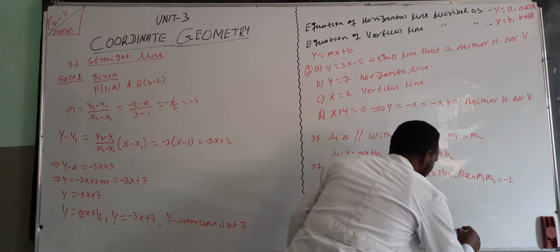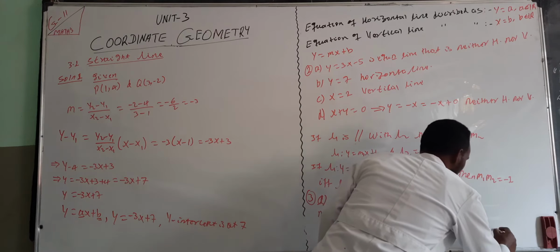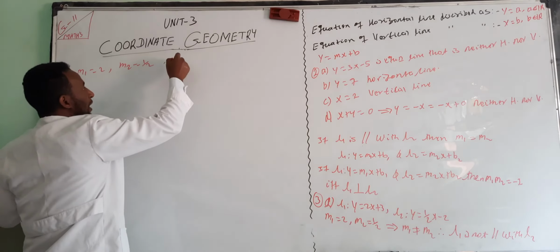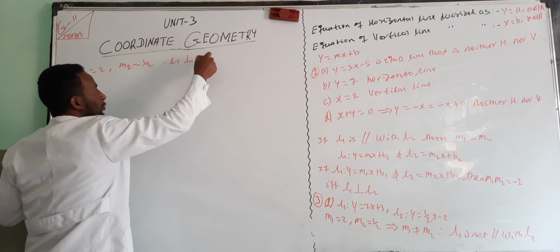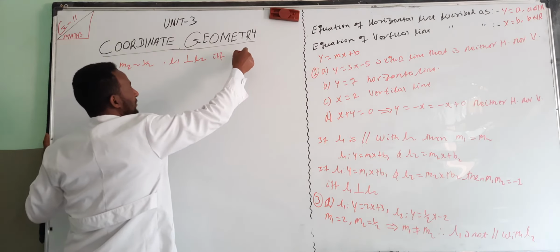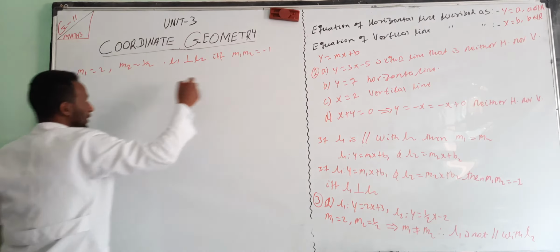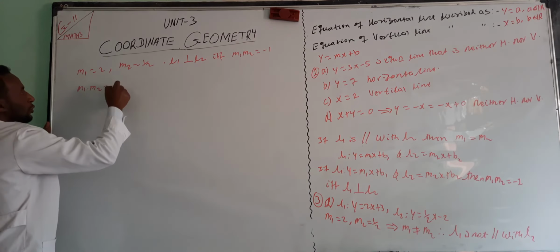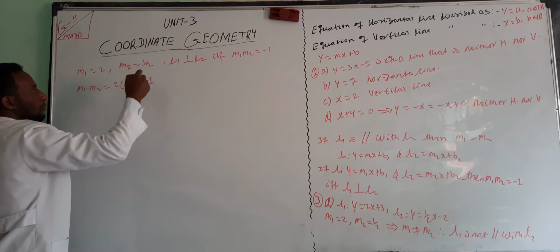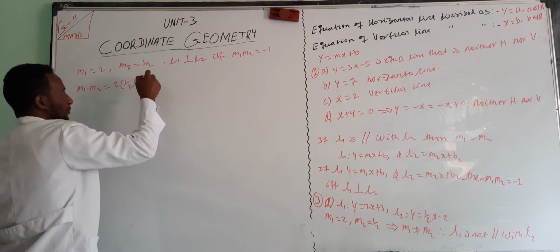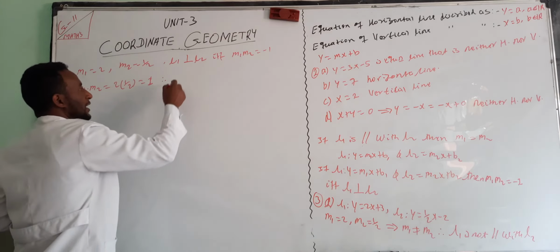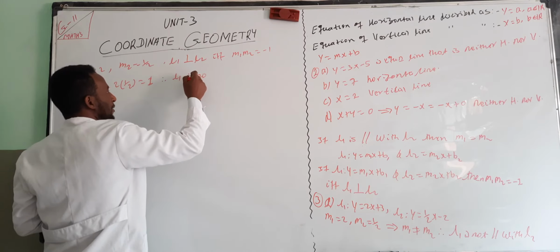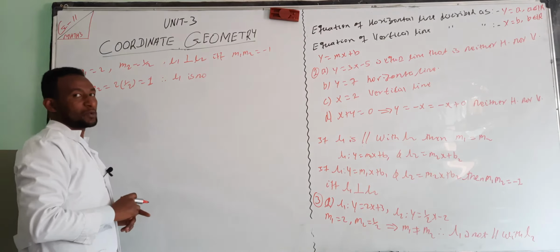Therefore L1 is not parallel with L2. L1 is perpendicular with L2 if and only if m1 times m2 is equal to -1. Then m1 times m2 is equal to 2 times 1 over 2, which is equal to +1. Therefore L1 and L2 are not perpendicular to each other.